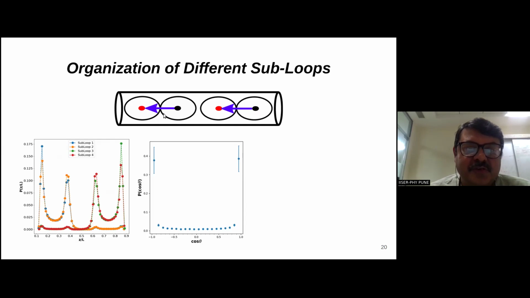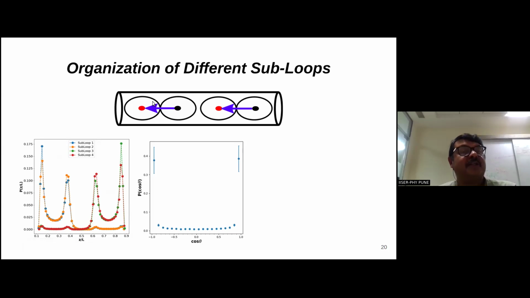As a consequence, if you plot the center of mass of the monomers of this smaller ring, the probability distribution of the center of mass of this ring, and this x-axis is this long axis divided by the length of the cylinder, so that the length is 0 to 1, then the center of mass gets localized here, the monomers get localized here.